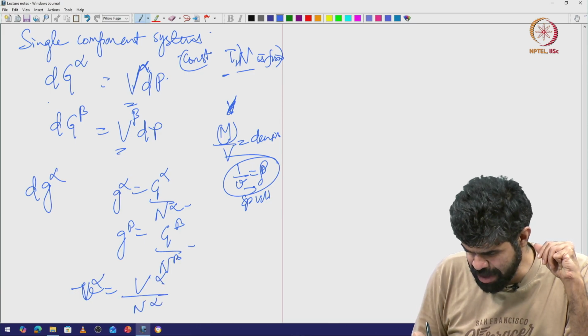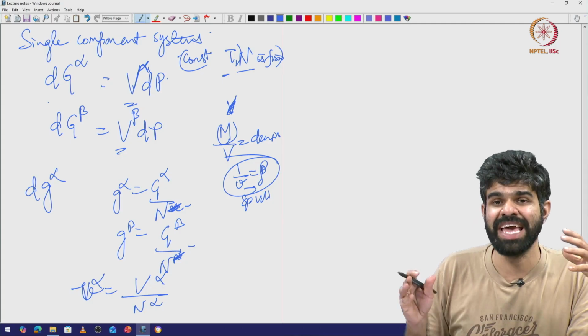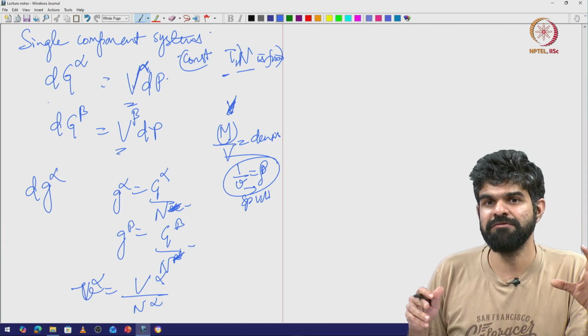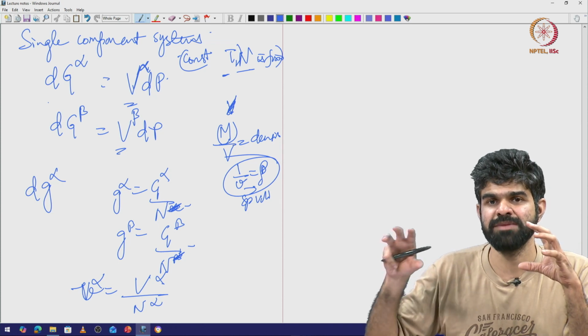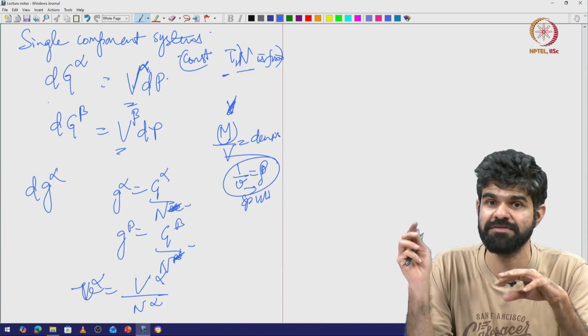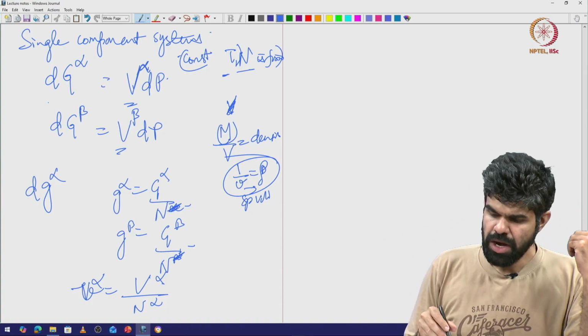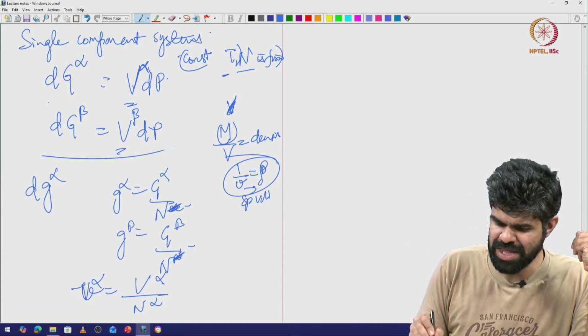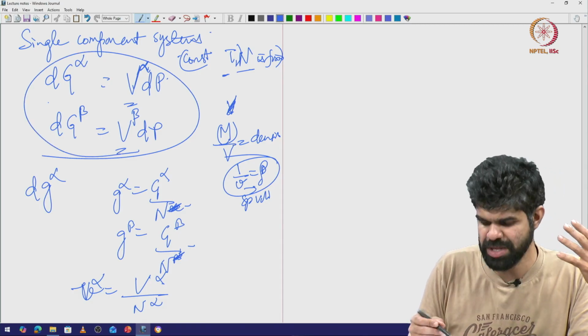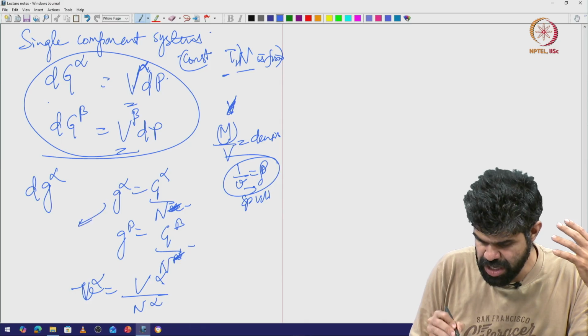N beta and n alpha are the same because I am not changing n. So the number of platinum atoms in the alpha phase is the same as in the beta phase, and I am going to look at these phase transitions: how can an alpha phase transition to a beta phase and vice versa. These are not specific volumes; this is called specific free energy.